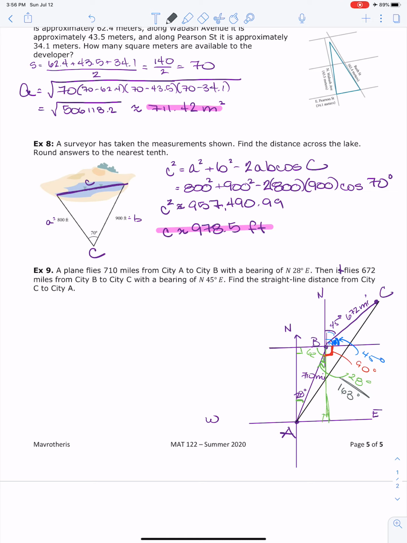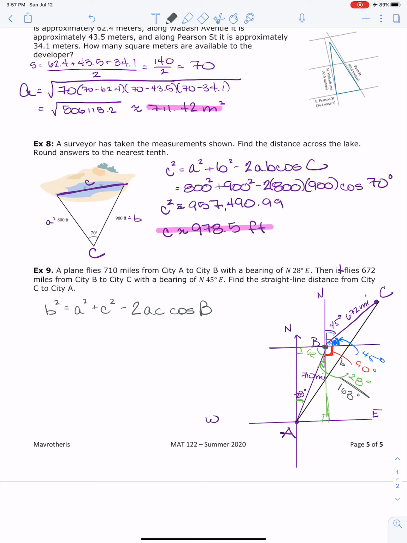And that's city B, so we might as well call that vertex B, which makes this side little b. And so now we've got b squared equals a squared plus c squared minus 2ac times the cosine of b. We're using the law of cosines because we've got two sides and the angle between them.